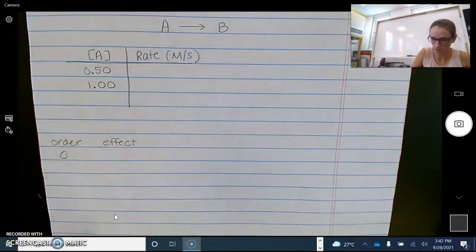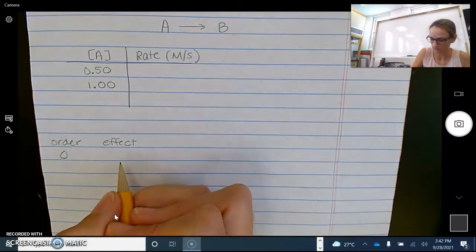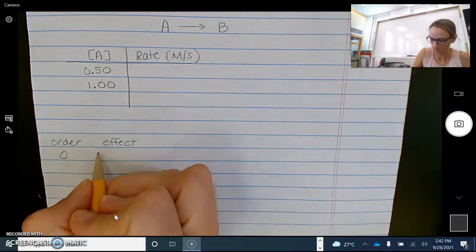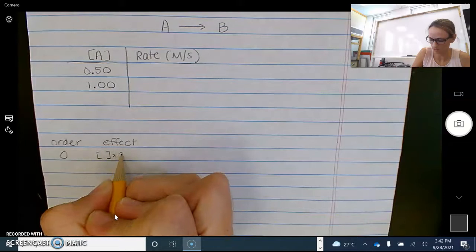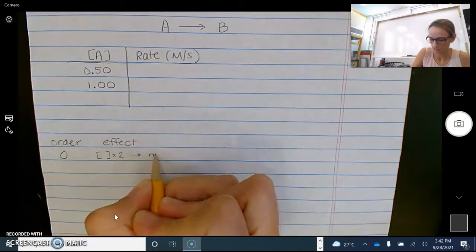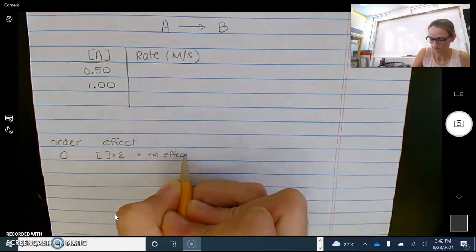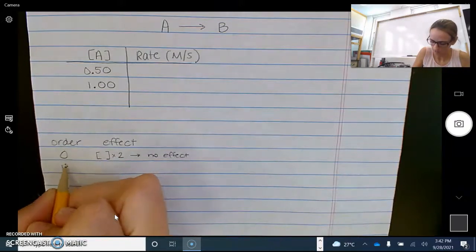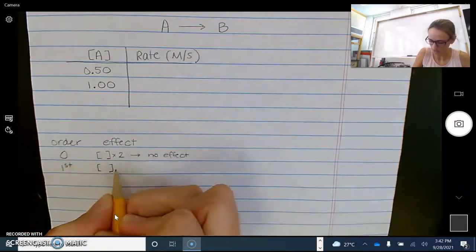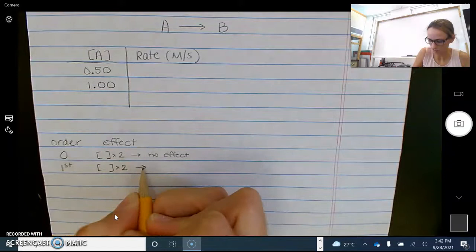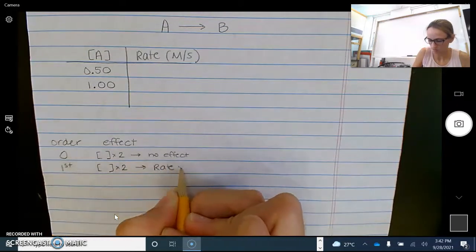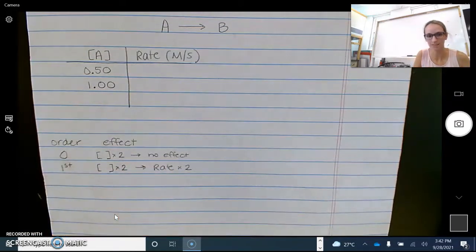If it's zero order, then doubling the concentration has no effect. If it's first order, doubling the concentration will double the rate. It has the exact same effect.